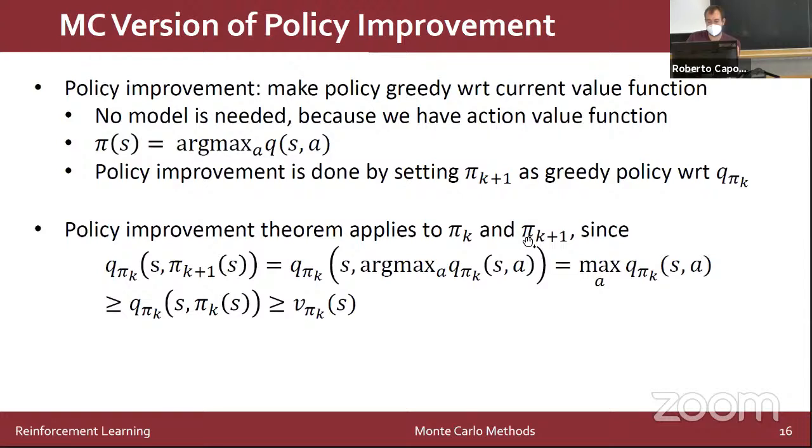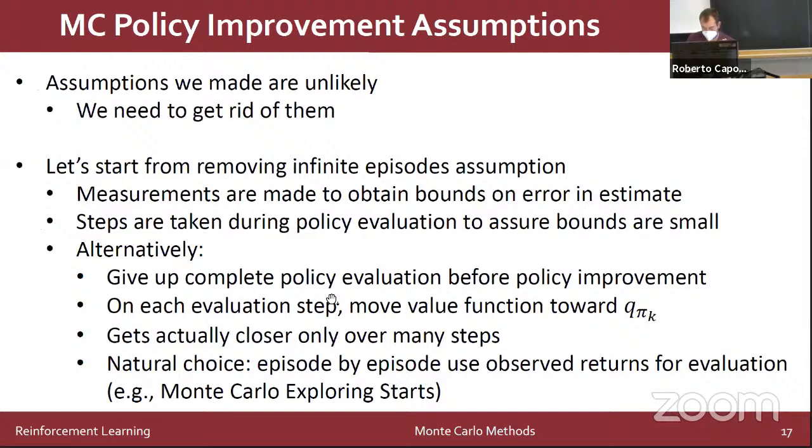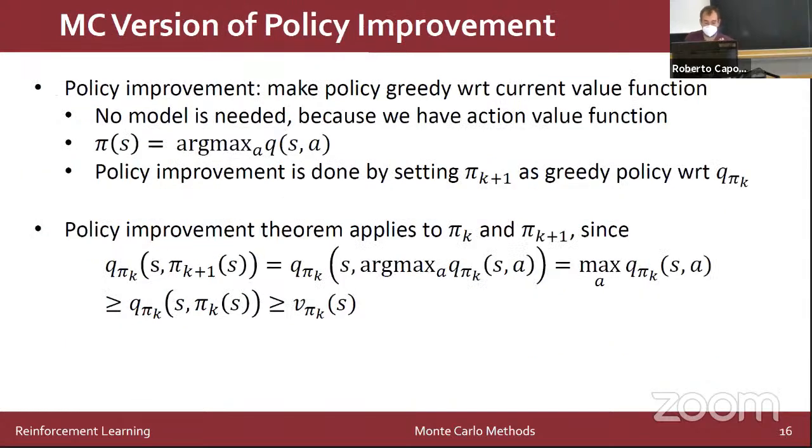Because this is the action that maximizes the Q pi. So if we take the action that maximizes the Q pi, then we are taking the best action. By taking any other action, we're not obtaining the same value that we would get by taking instead the maximum Q action.